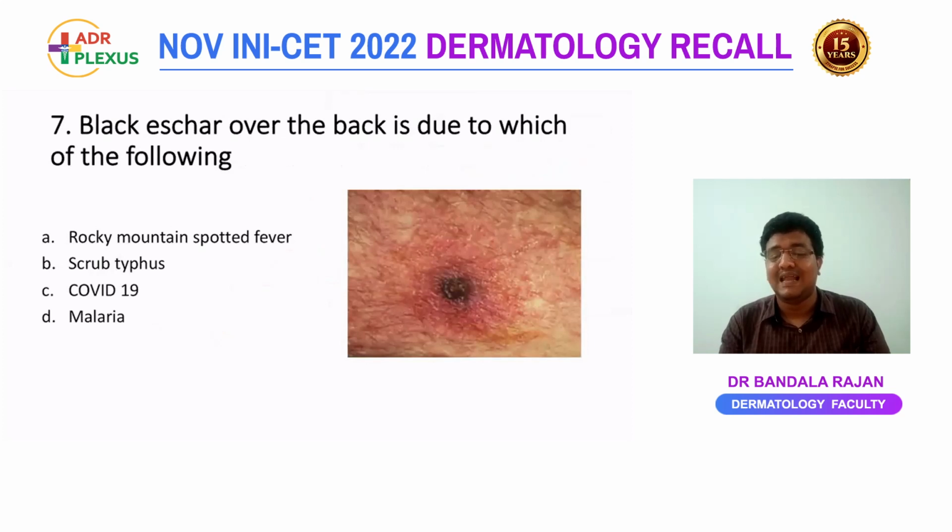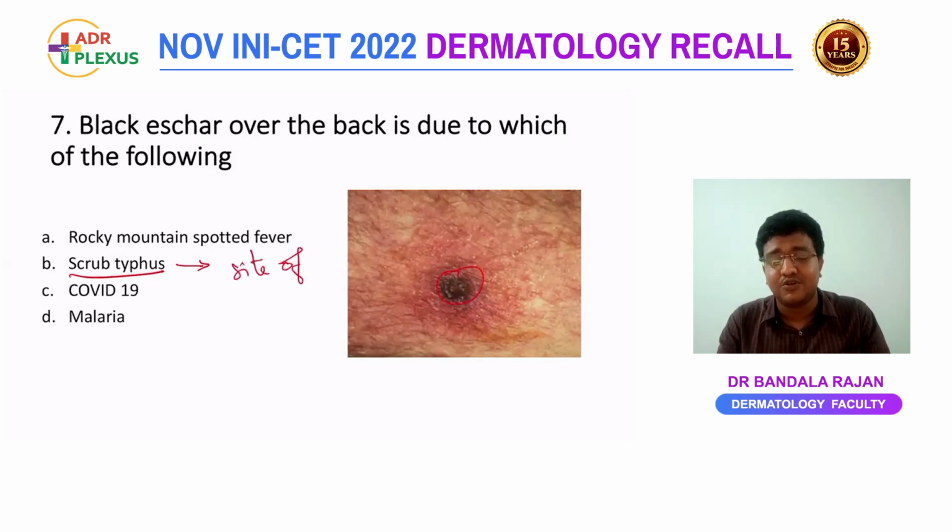Next one is, black eschar over the back is due to which of the following? Rocky Mountain spotted fever, scrub typhus, COVID-19, malaria. In this, the answer is scrub typhus, which leads to eschar at the site of bite.